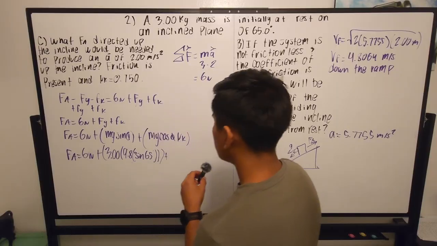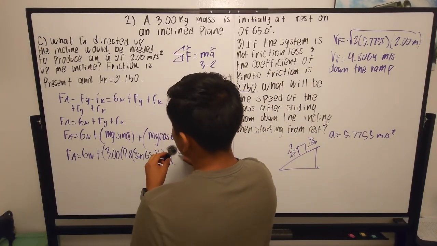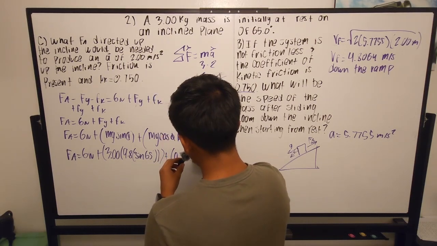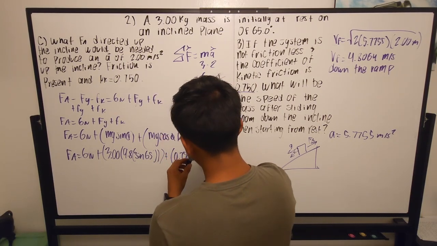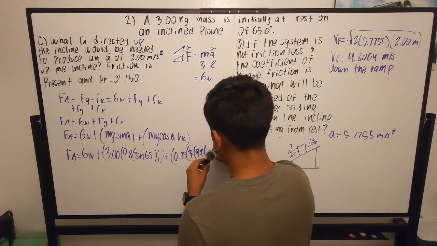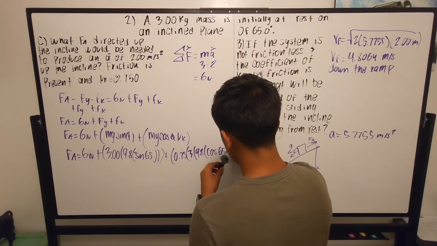Plus mg cosine of theta times mu k. Mu k is 0.75. M is 3. G is 9.8. And that multiplied by the cosine of 65.